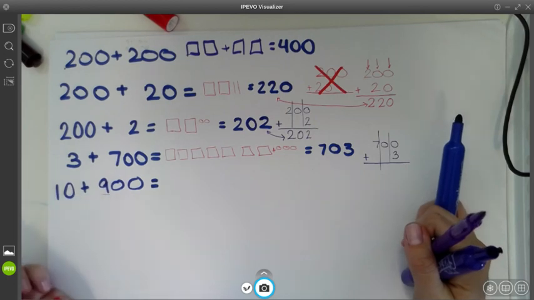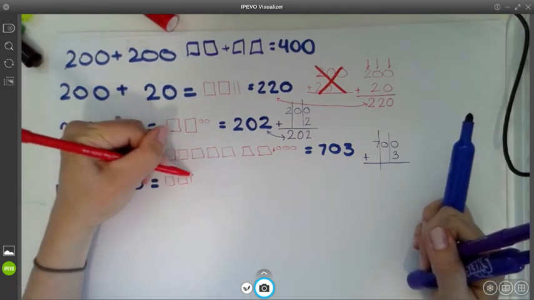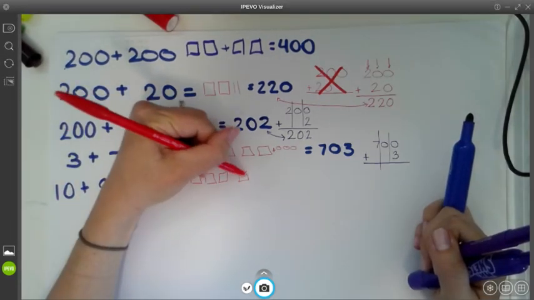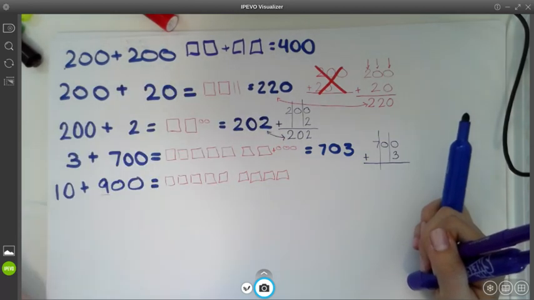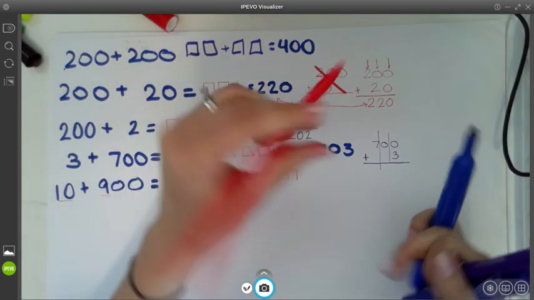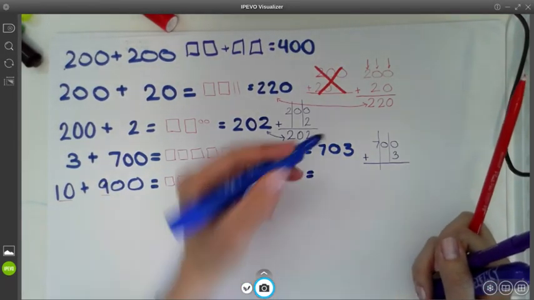How many 100 blocks do I need? 1, 2, 3, 4, 5, 6, 7, 8, 9, and I have 1 10 stick. Then I just use that. So I have 910.